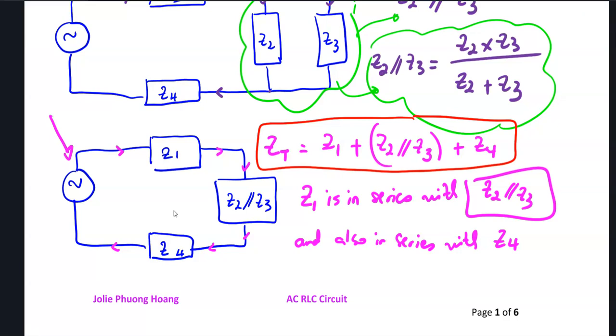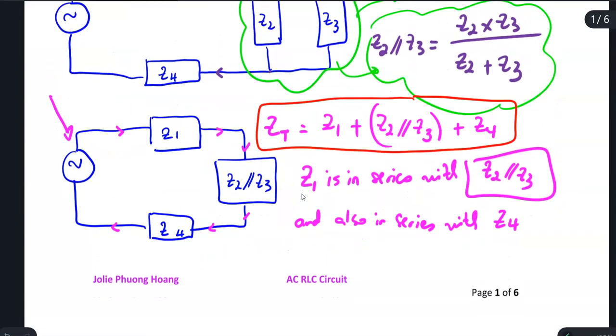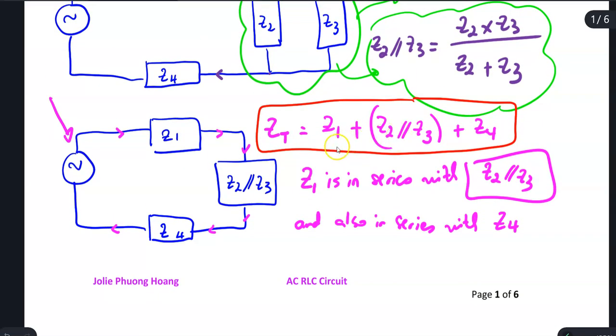Okay, so then on the circuit here, you will see that Z1 is connected with Z2 parallel to Z3, and they are in series, so therefore you can pull out the final formula for this one. And the final formula for this one will allow you to know what form you are working with.